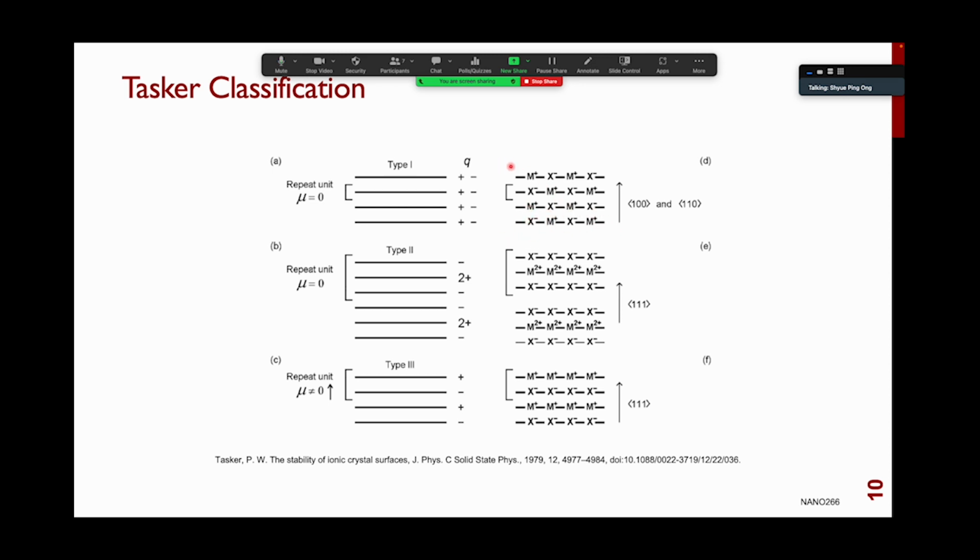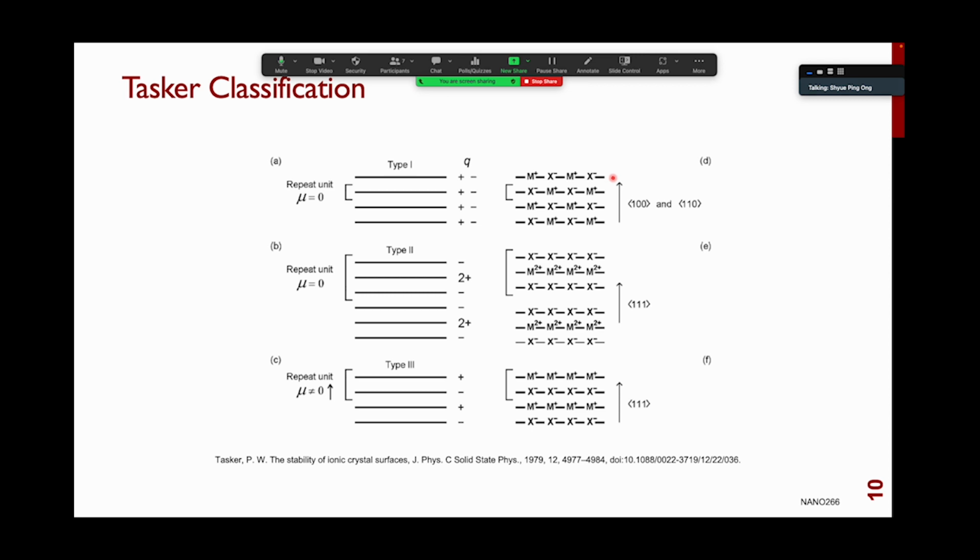And if you are trying to look at the 100 surface or the 010 surface of sodium chloride, you will find that essentially all the surfaces are neutral, right? So you have an equal number of positively charged ion with negatively charged anions. Okay, so you have one M plus for every X minus, so these two cancel each other out.